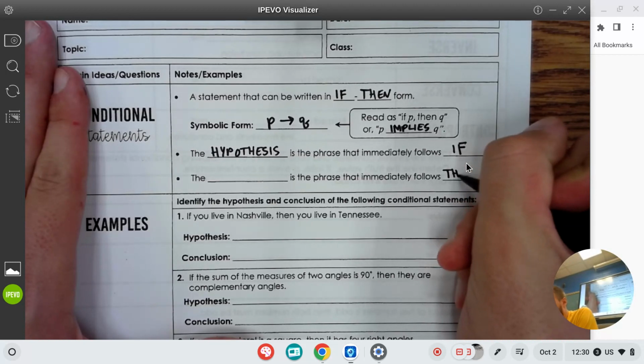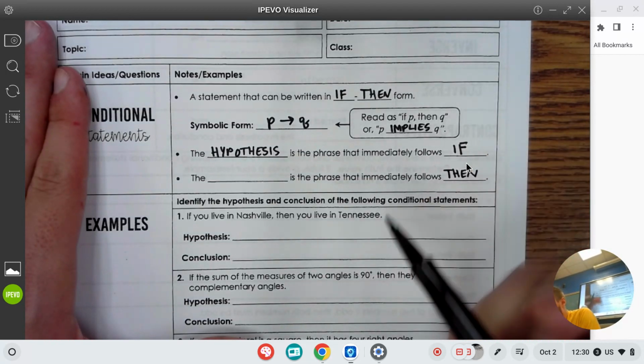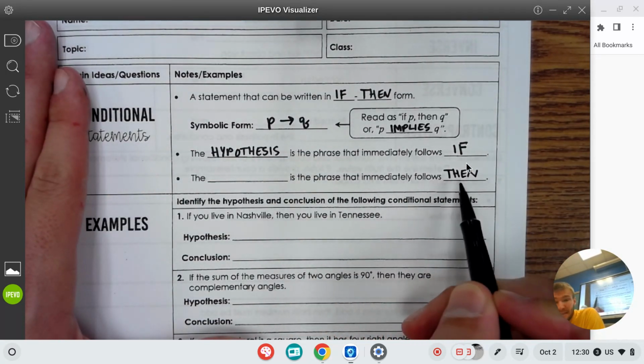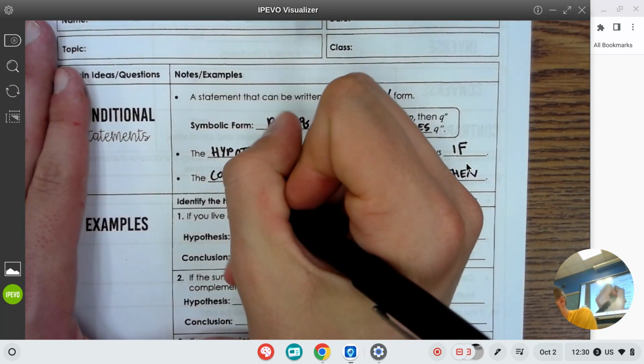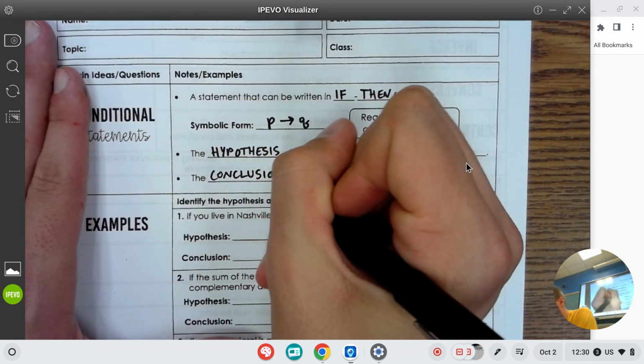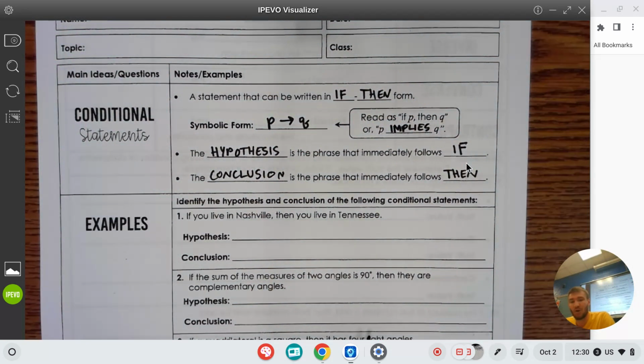The one that comes at the end, the one that immediately follows the word then, is called the conclusion. Again, it's kind of like a start and an end, a cause and effect. Don't overthink it. Once we do a question here, this is going to be very straightforward, all right?